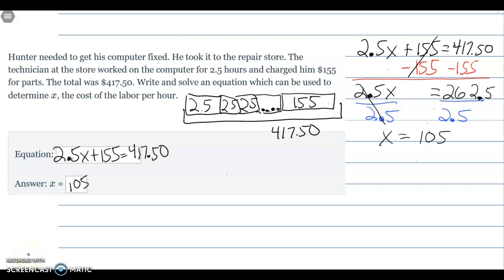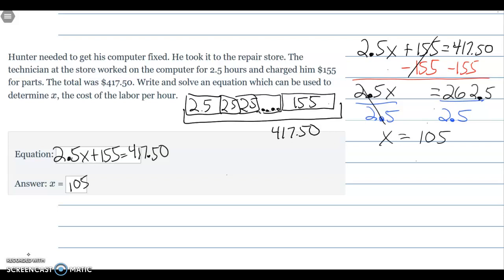Okay, so your answer should be x is equal to 105. It's okay if you got your boxes switched around and got 155 first and then 2.5 again and again and again. But you've got to make sure that you don't put the wrong thing. You've got to read what it says and interpret.